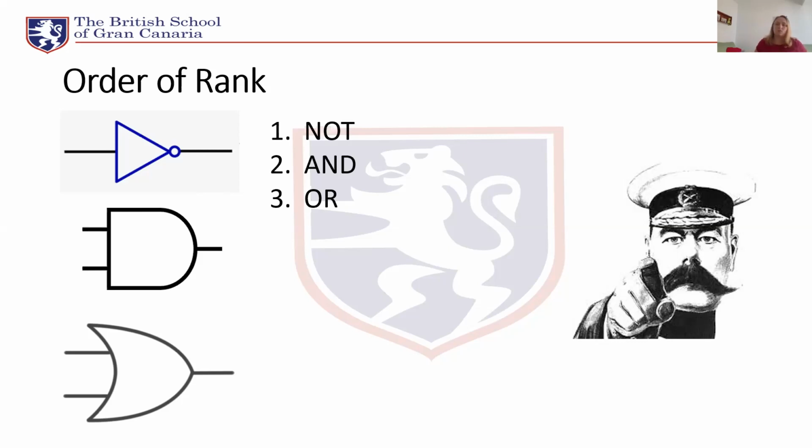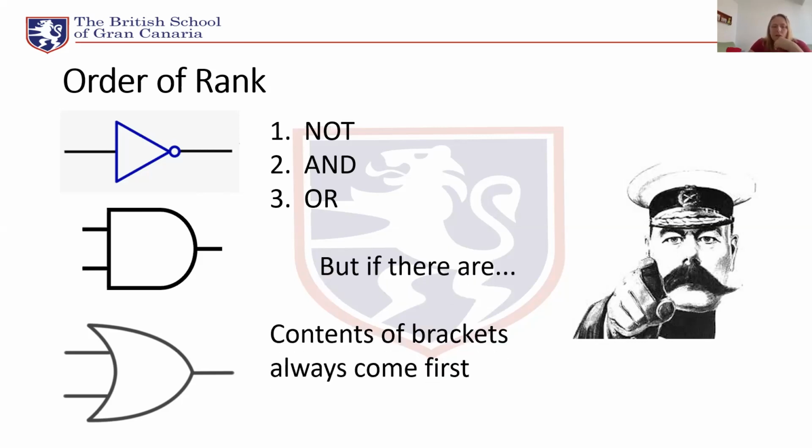Yeah, not, and, or. And then the exception to the rule, obviously, is brackets. So brackets come first. Sometimes it doesn't make a difference, but please do go by that. When constructing circuits, you do your not, your and, your or, and your brackets always come first. So always go by the brackets first, a bit like BIDMAS in maths.